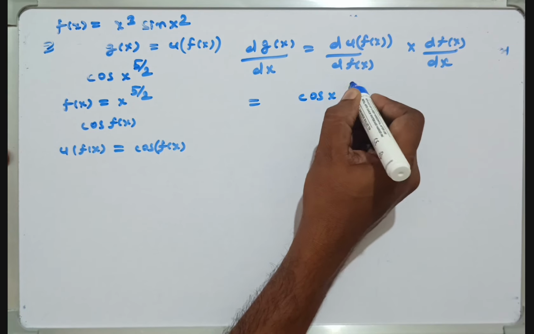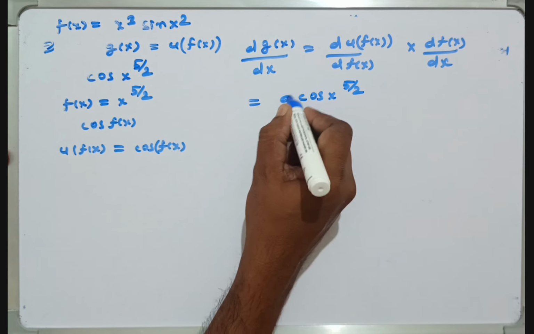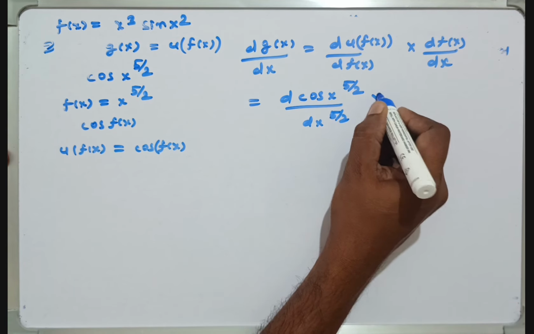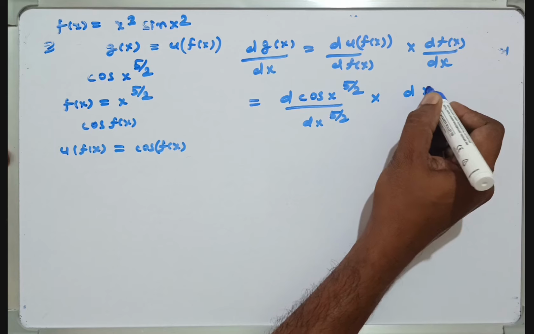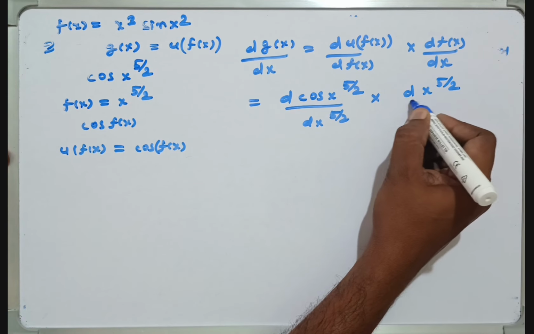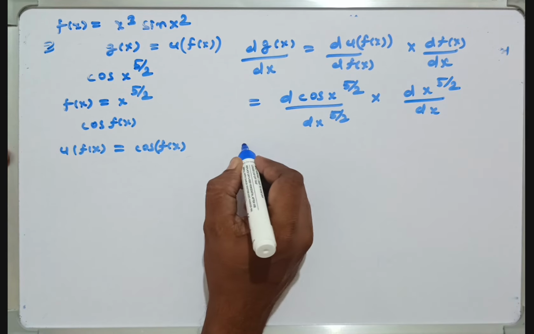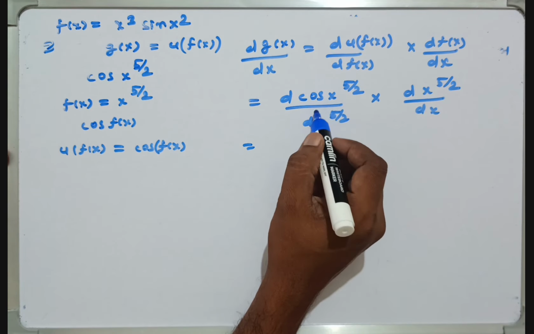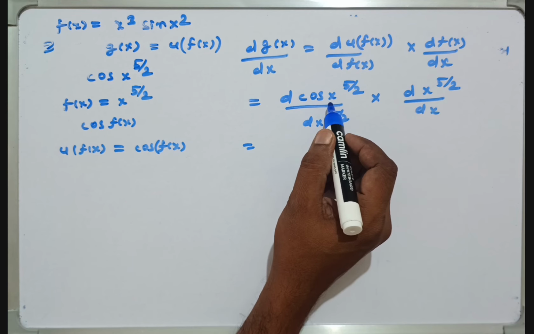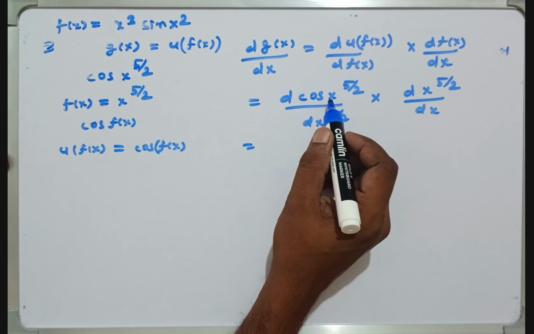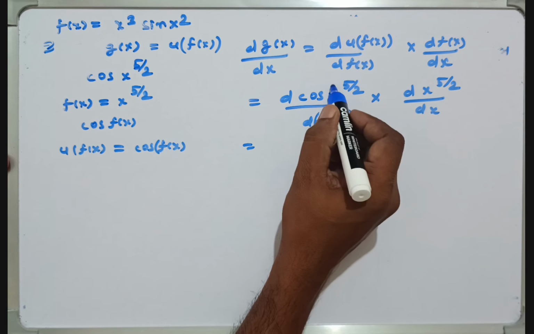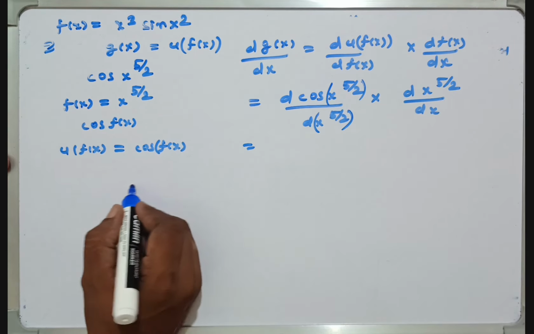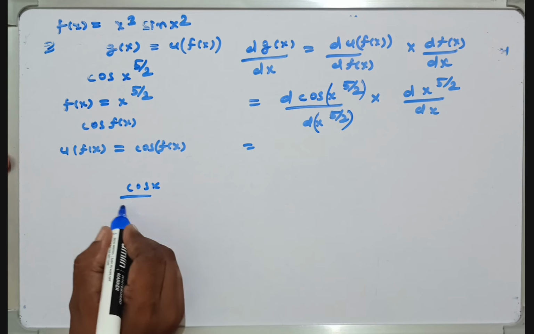So cos of x to the power of 5 by 2, and d of x to the power of 5 by 2, then we can write it further, x to the power of 5 by 2 over dx. So we read just now that the differentiation of cos x is equal to minus sin x. So here see, this one and this one are the same.